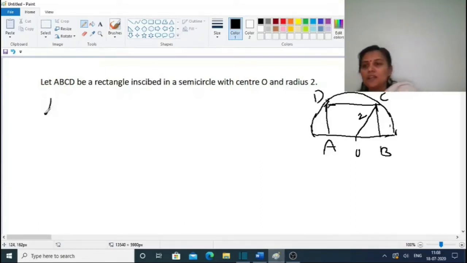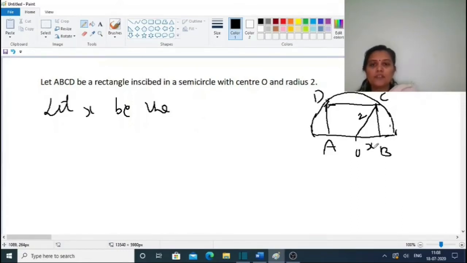Now let x be the length, we can take this OB as x.